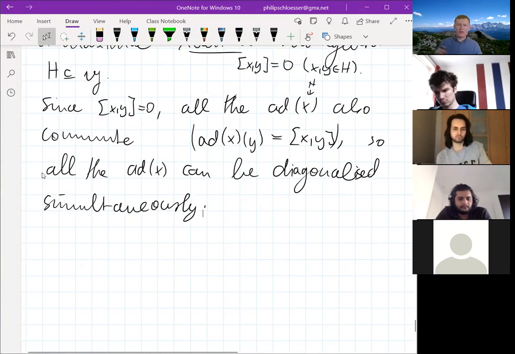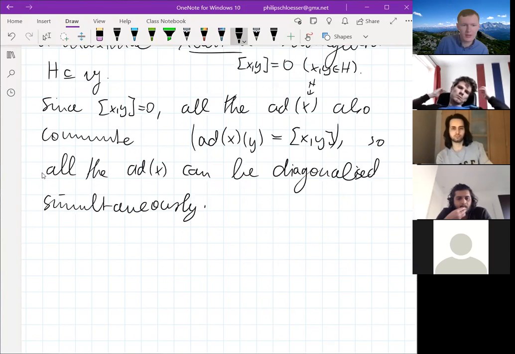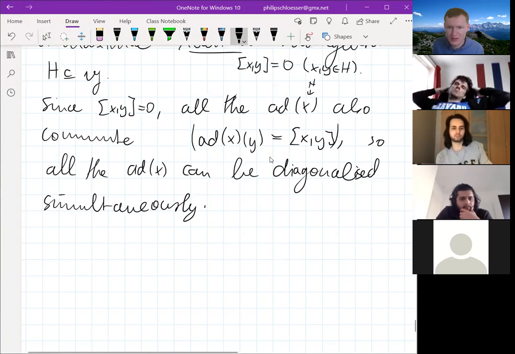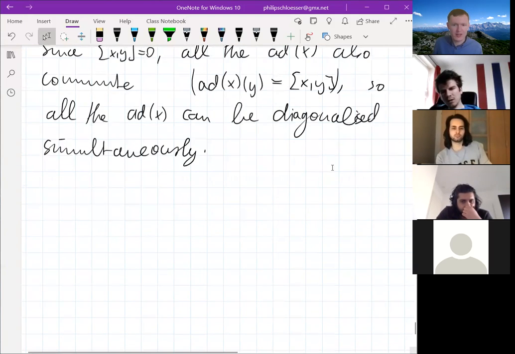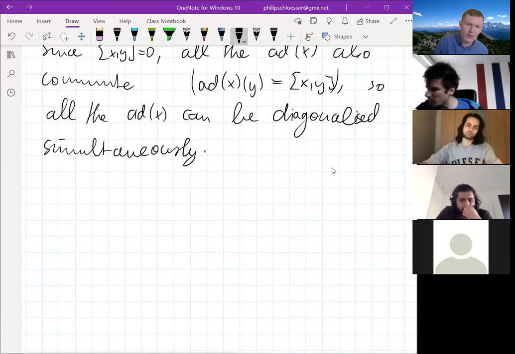And this means that I don't get eigenvectors, I get something much better. I don't get an eigenspace decomposition, I get what's called a root space decomposition.